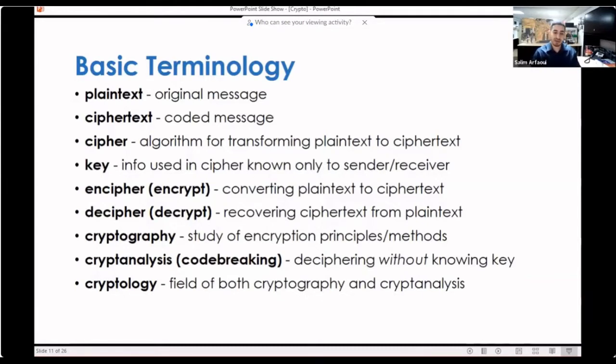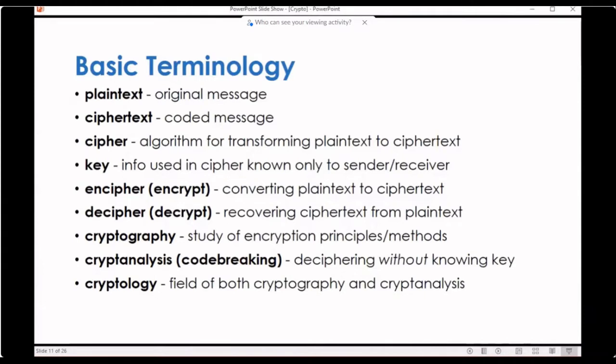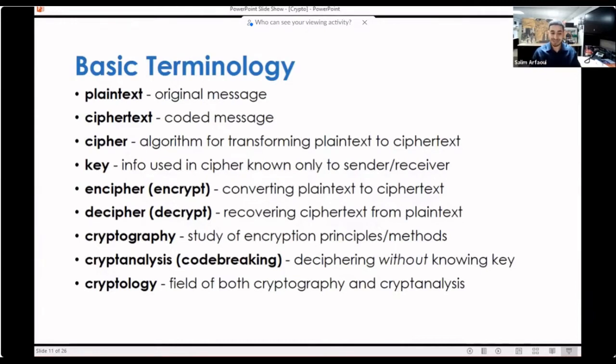So you're talking about how to make communication secure, that's cryptography, and how to break these systems, you also study that. Sometimes you really need to think like an attacker to make a system more secure. So you think, okay, how would an attacker break my system?